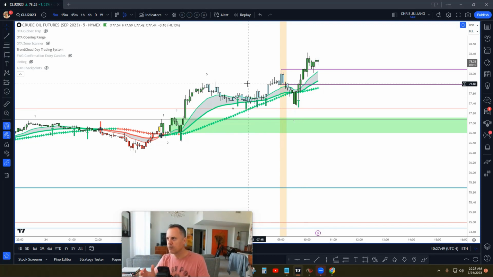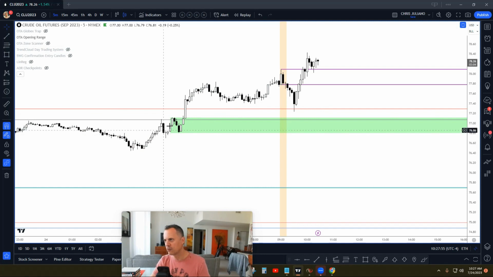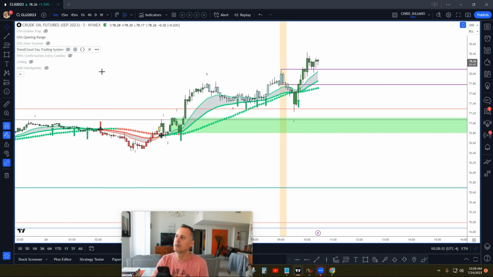Let's get a little bit more of a visual representation of that trend cloud. So when you're looking at this without the trend cloud, you could say, oh yeah, it looks as if it's extended. It's been going on for a while. Let's become a little bit more objective whenever we can. Add the trend cloud. Yes, it is extended.